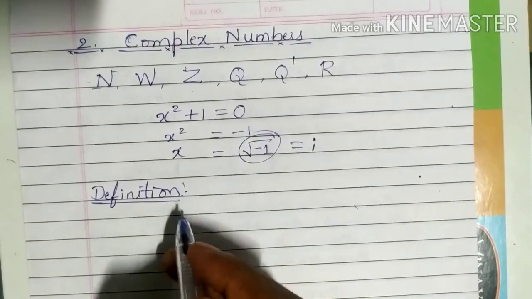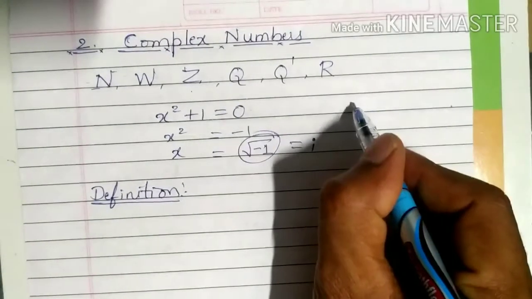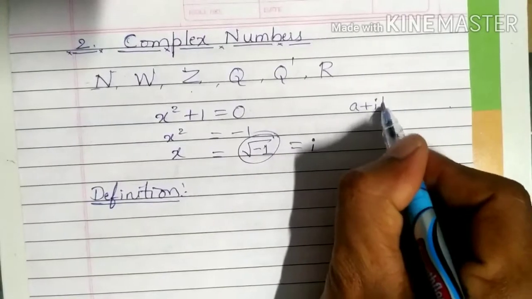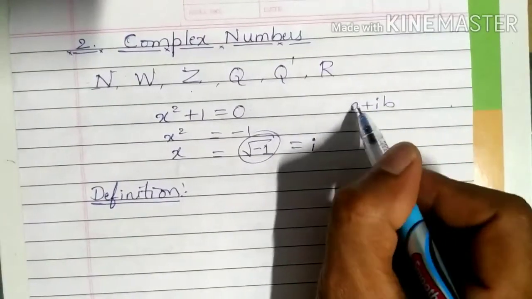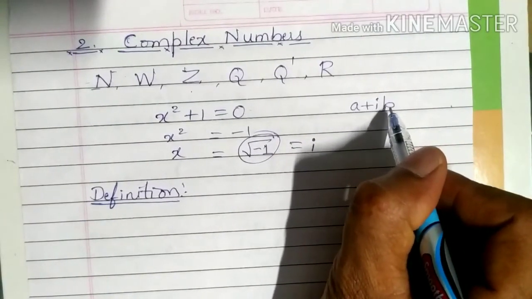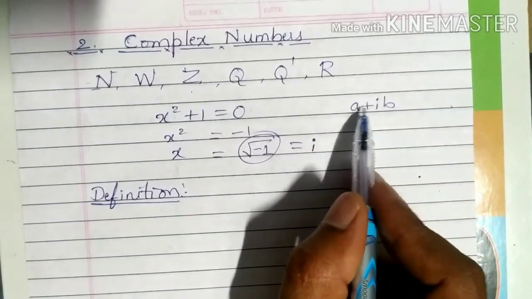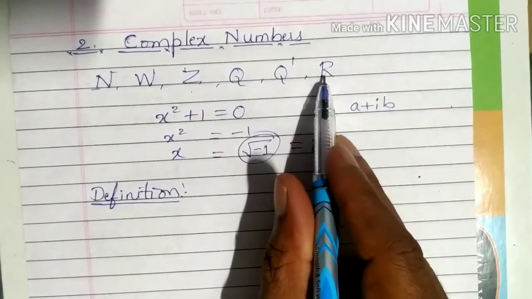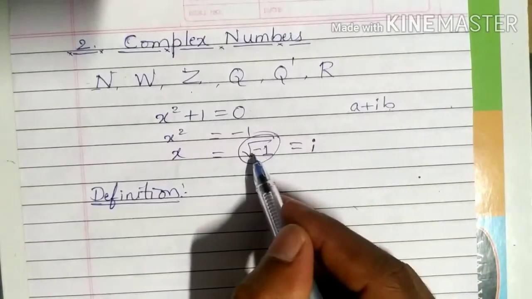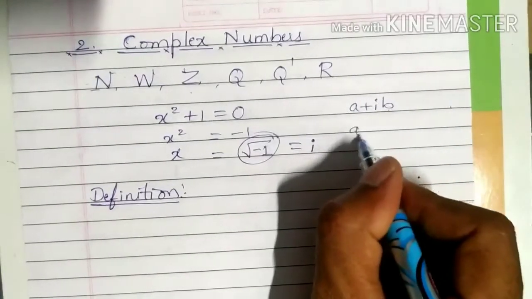We define a complex number as any number of the form a plus ib, where a and b are any two real numbers and i is equal to square root of minus 1. So a and b belong to real numbers.